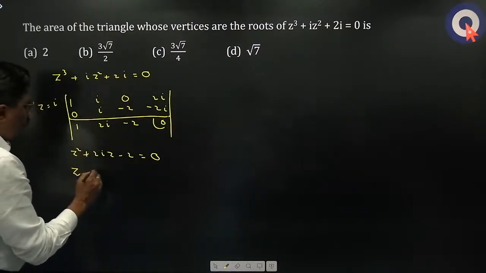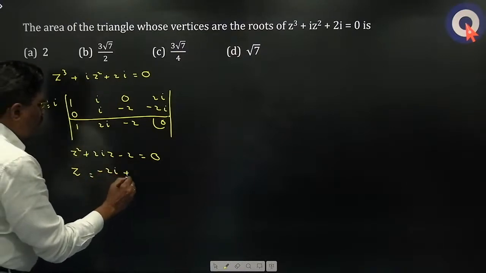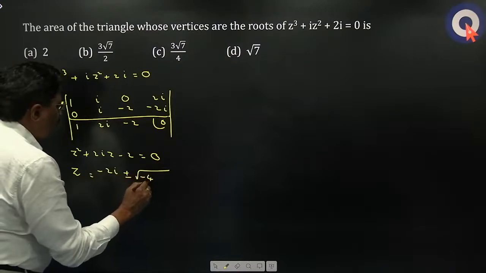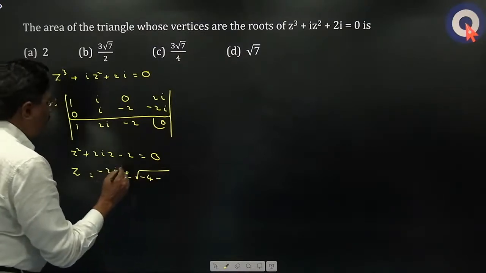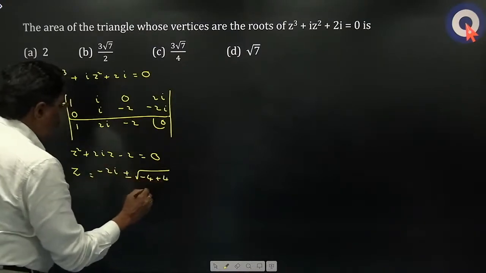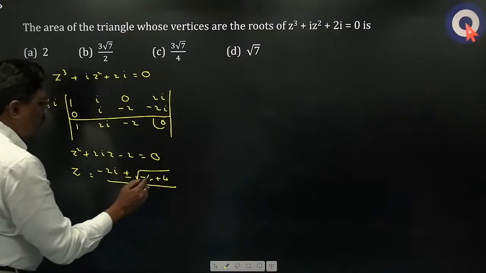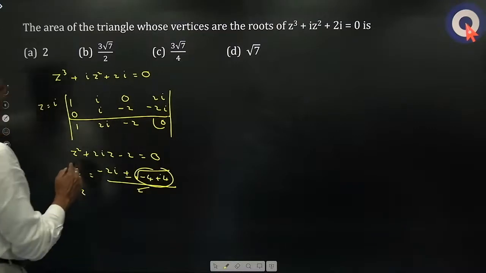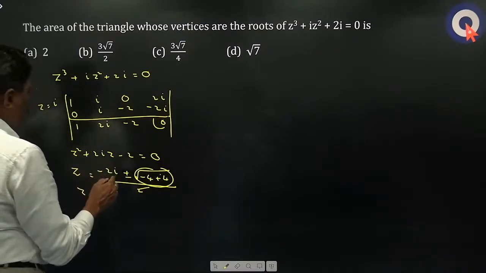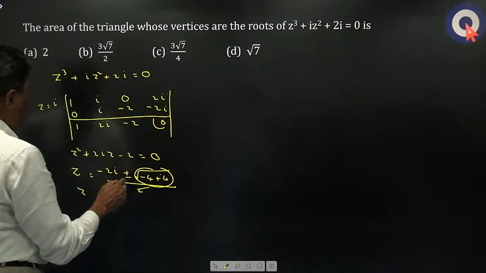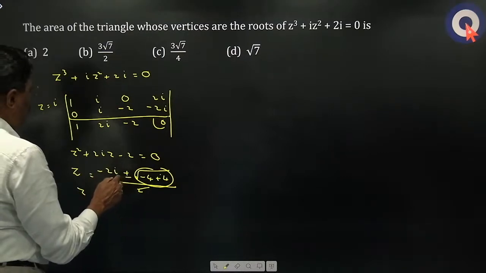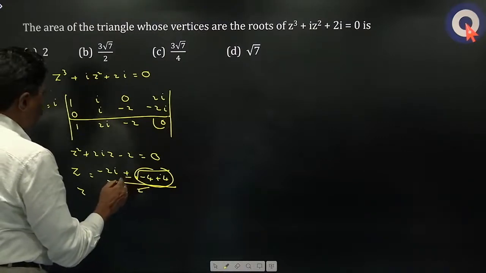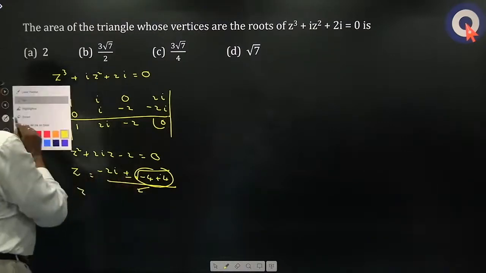Z is equal to minus b plus or minus root of b square minus 4ac by 2a. Okay, I made a mistake here. Just a second.